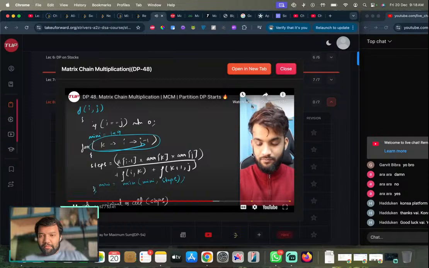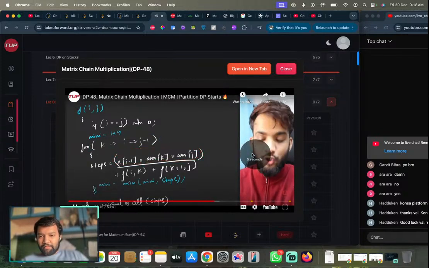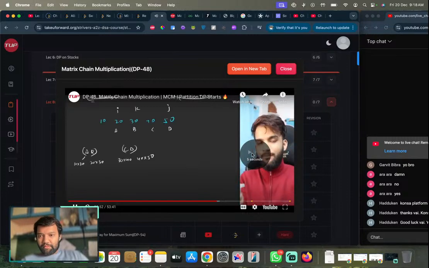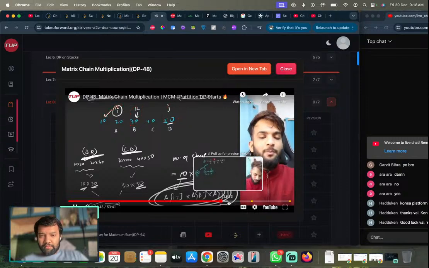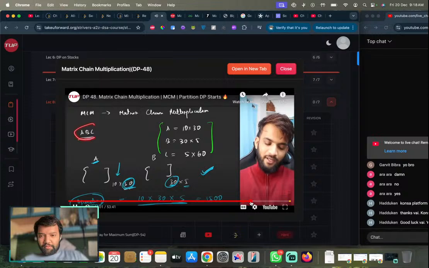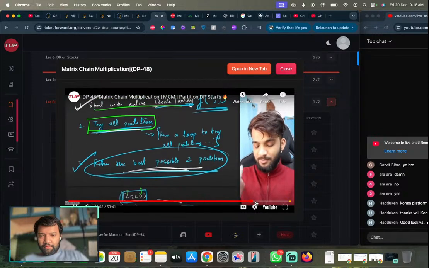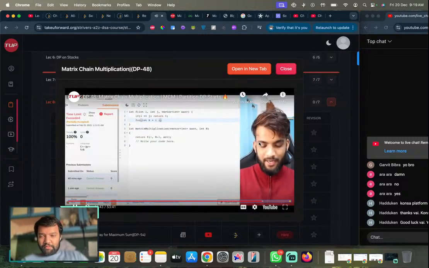This is important. This was MCM, so you computed the number of steps. Imagine some 50 steps. That's what the number of steps will be, no matter how you do it. What about the base case? Base case is very simple.